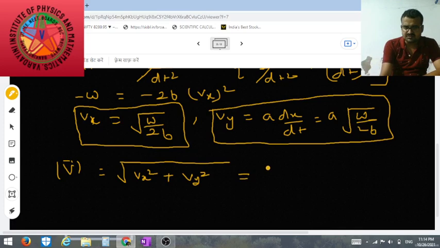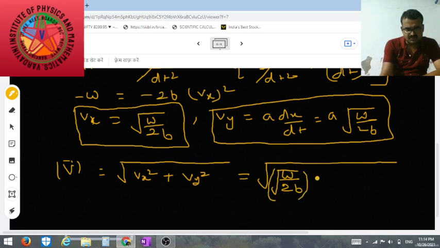Just we will substitute these values, so we will have under the root of w by 2b whole squared plus a times root of w by 2b whole squared.